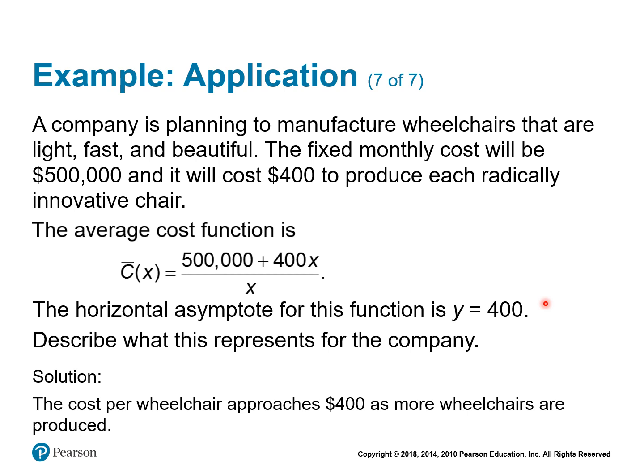Just as I said in the previous slide, as the production of wheelchairs is increased, the cost per wheelchair will approach $400, but it will not go below that number.